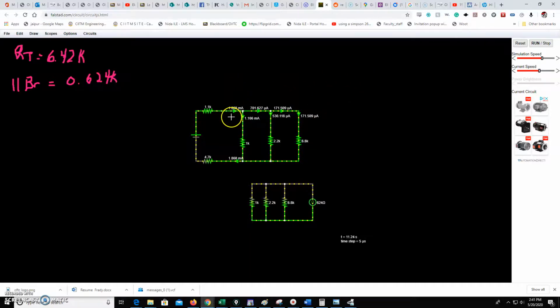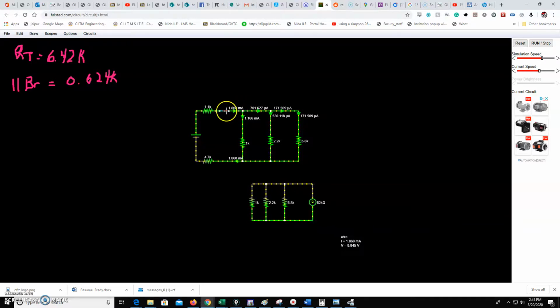But notice this 1.8 that I've got here. 1.1 goes that way, and it leaves 700 microamps, or 0.701 milliamps, depending on which way you want to look at it. And then, when we get right here, 530 of those microamps go that way, and 171 go this way. So these two add up to that, and this add up to that.